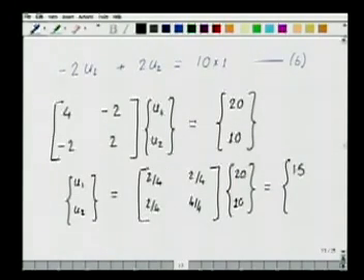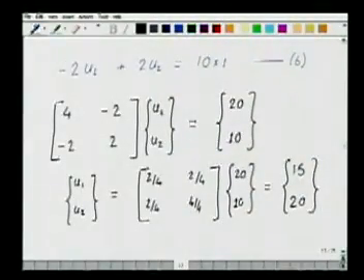Here half into 20 is 10 plus 1 into 10 is 10. This will become 20. So I have been able to solve this matrix problem to obtain this two-term solution.